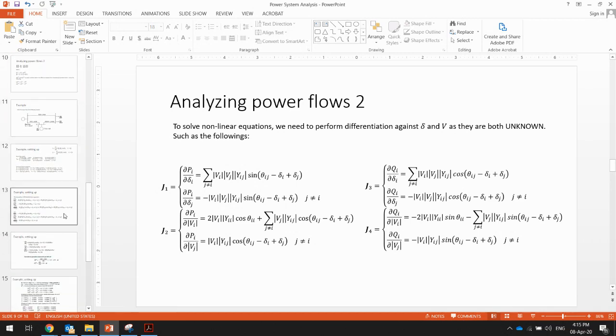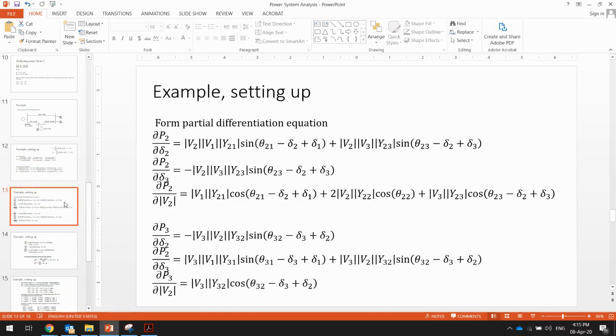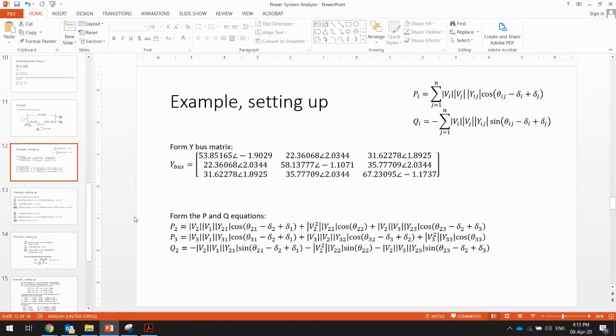So my recommendation is, don't memorize the partial differentiation equations, but perform them yourself. It's not difficult. You simply have to perform the partial differentiation of the 3 equations that you can form over here against the 3 unknowns. All right.